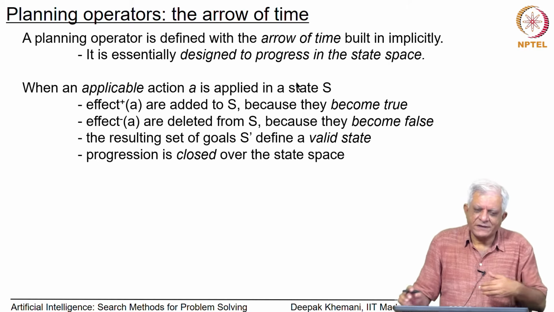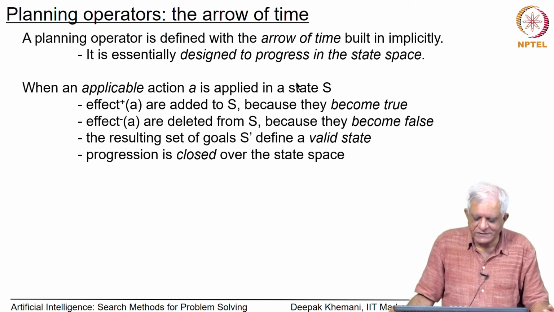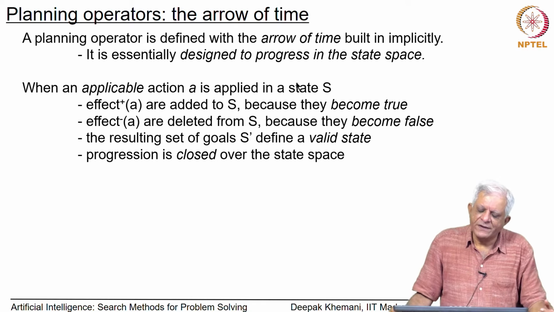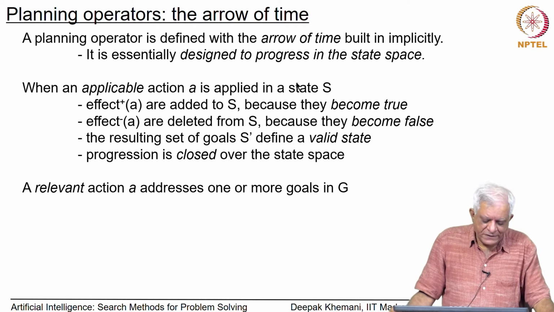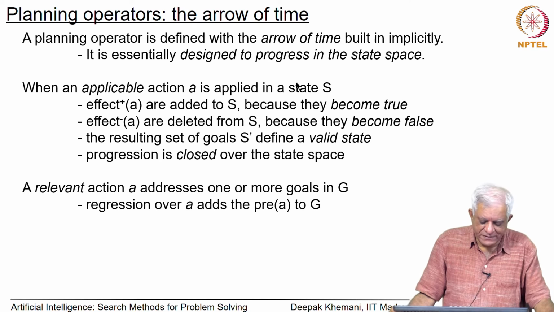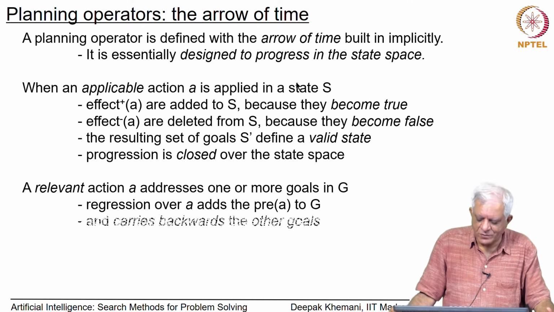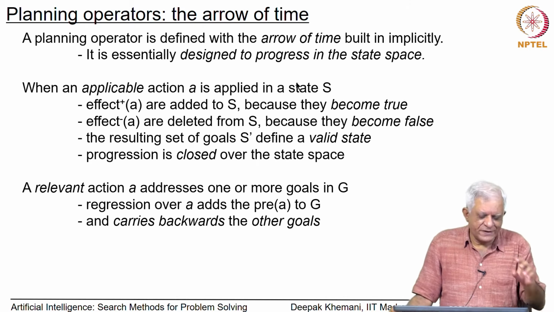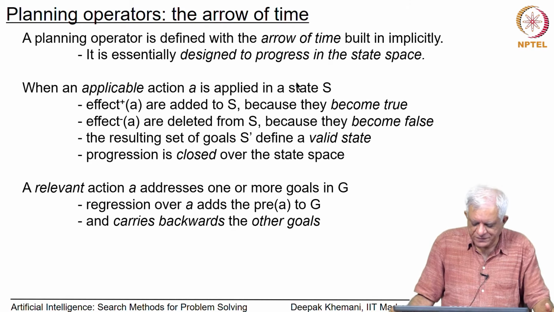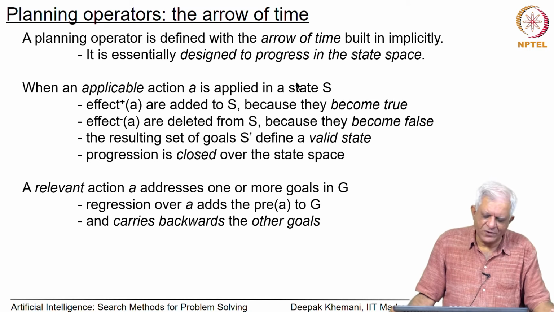Progression is closed under state space; we say that if you progress over an action, then the new state that you reach will be a valid state, in the state space. In backward planning, a relevant action A addresses one or more goals in the goal set that we have. We can call capital G the goal set, and lowercase g the individual goals.